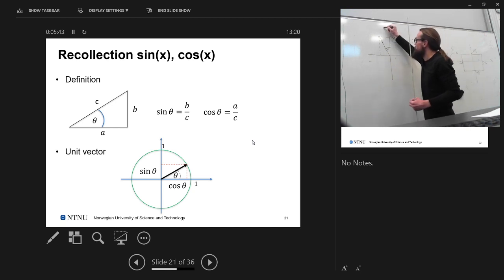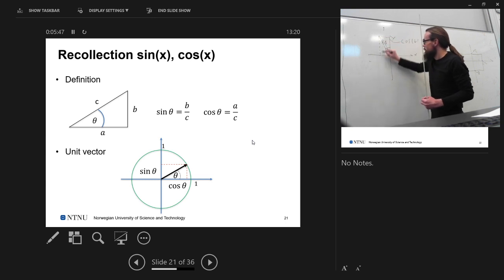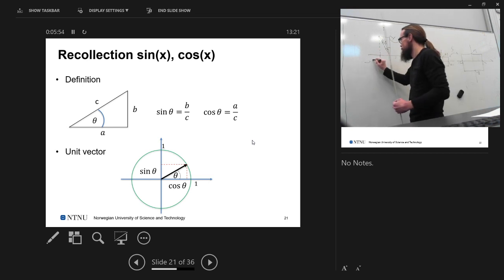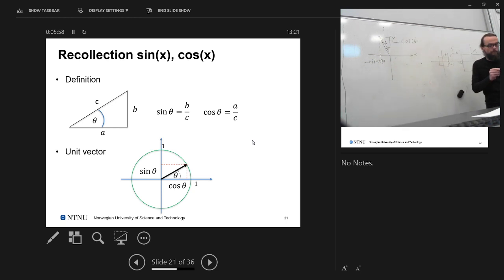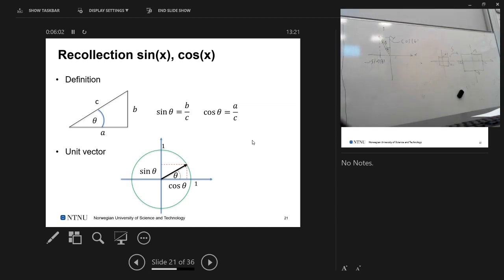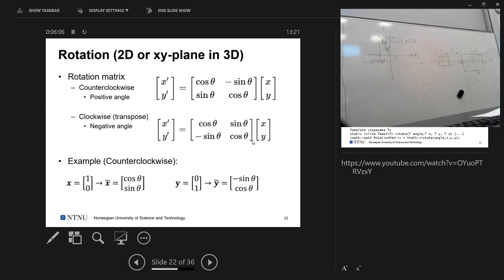Yeah, this has length 1 by the way. And then on the y-axis you will get, of course, sine theta, but it will be on the negative side, so you get minus sine theta, right? It means that this is what you get when you rotate the y-axis. As I show here, that's the other column.